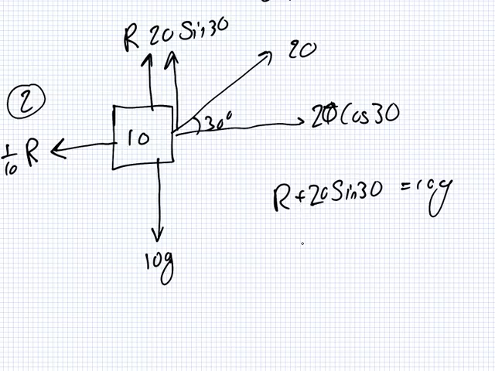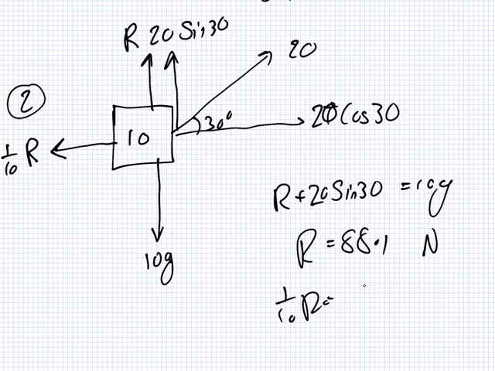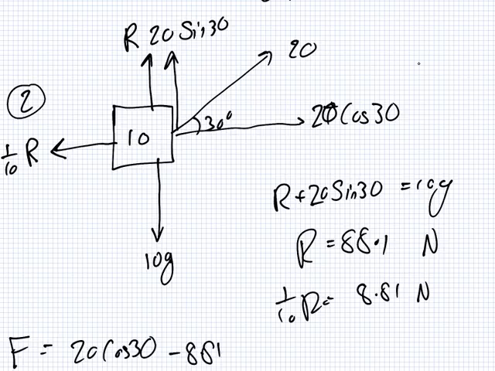R is 88.1 newtons. So 1/10 R would be 8.81 newtons. So the total force is 20 cos 30 minus 8.81, the total force this way.